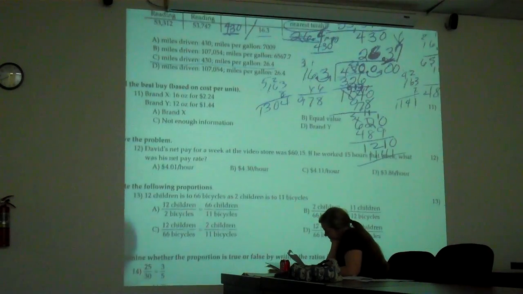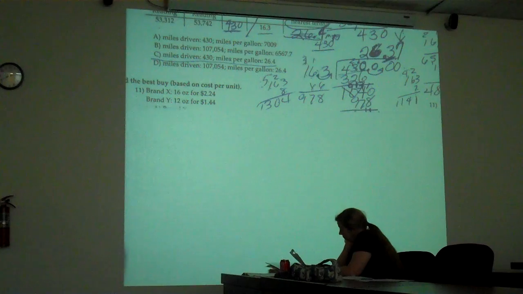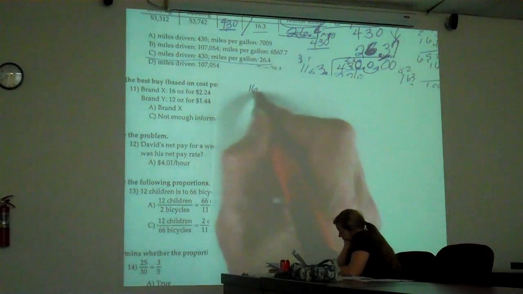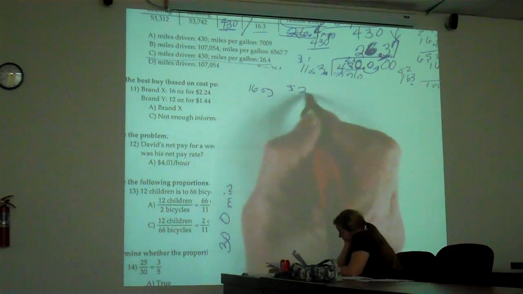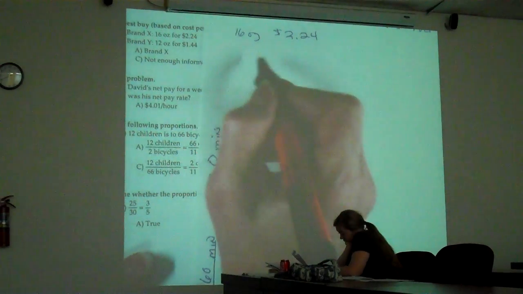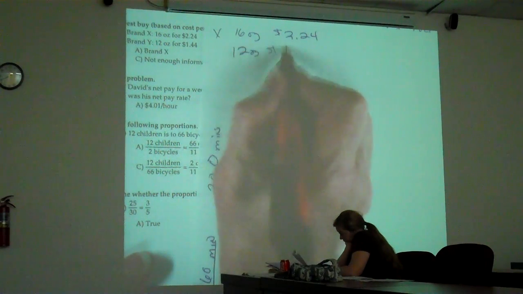Okay, find the best value. Brand X, 16 ounces for $2.24. Brand Y, 12 ounces for $1.44.